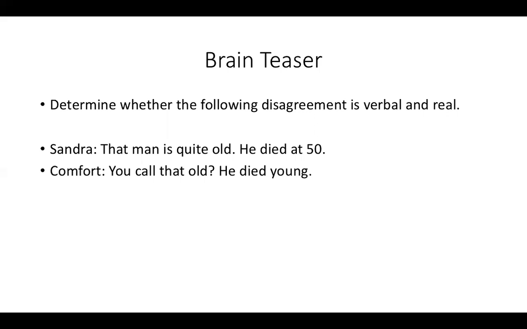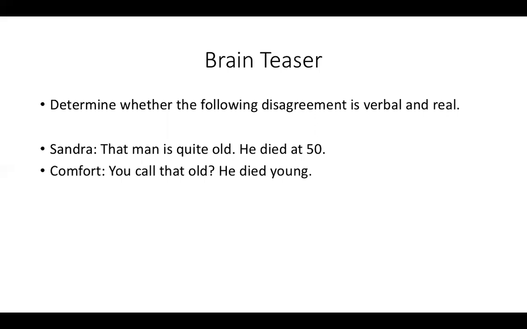But in this context, what Sandra is trying to say is that the man is quite old, and she believes the man died at the age of 50. To her belief, someone who attained 50 years is, or can be called, an old person. And then Comfort is also saying that you call that old? He died young. So looking at this context, you can see that both of them had their own belief. That's why we want to associate this with what we call a real dispute. Thank you.